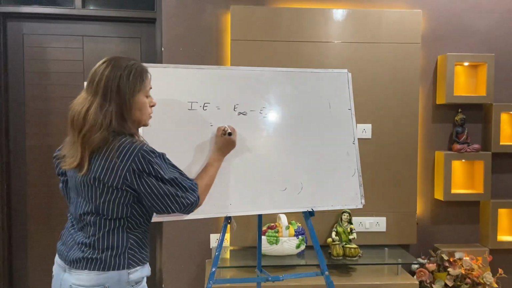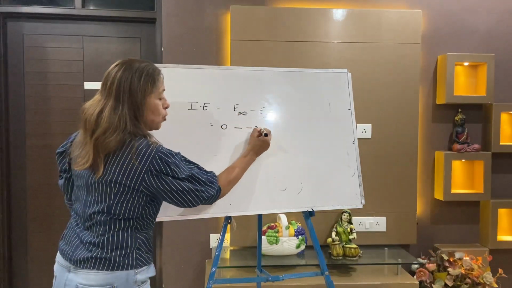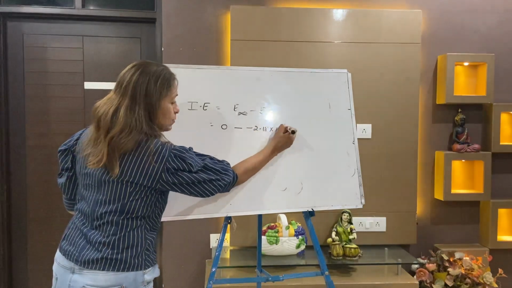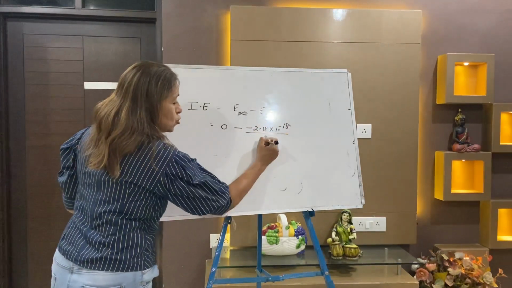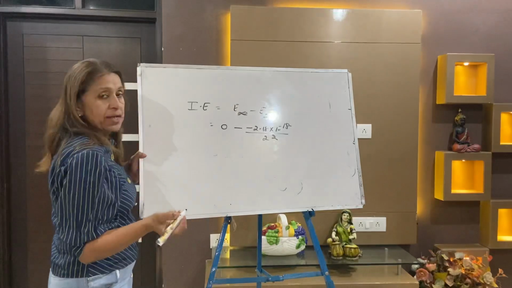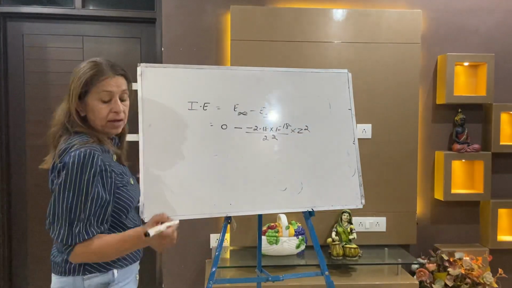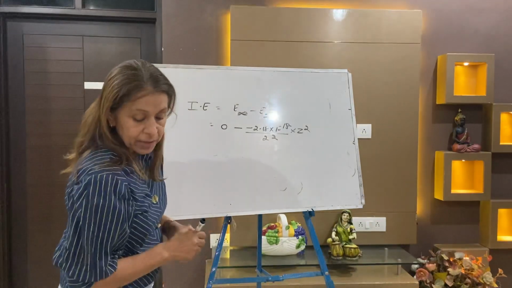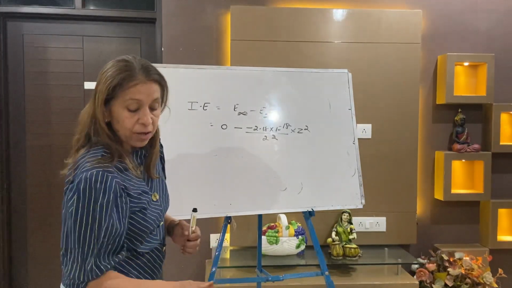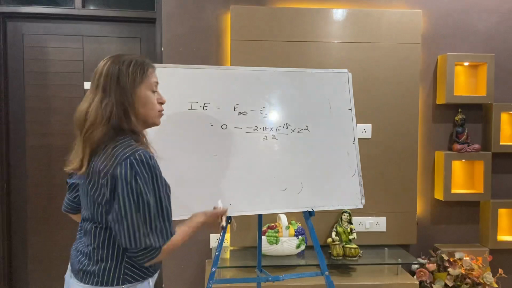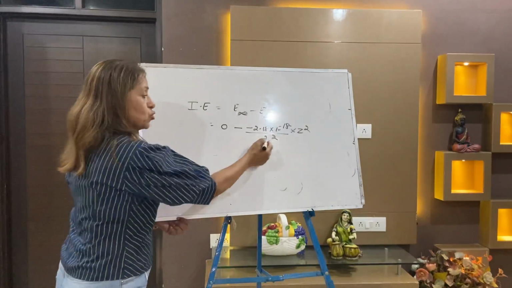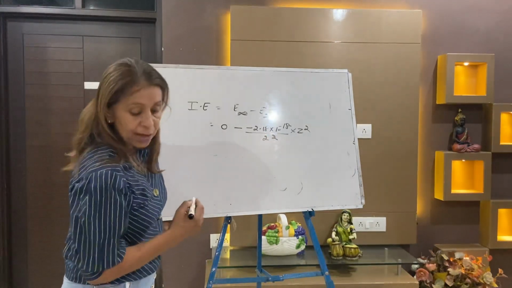E infinity is 0, and E2 is minus 2.18 into 10 to the minus 18 into Z square by n square, and Z is 1 if your numerical is of H atom. It's given that it's the electronic energy of H atom. This means your Z is 1 and n is 2. So you calculate the ionization energy.